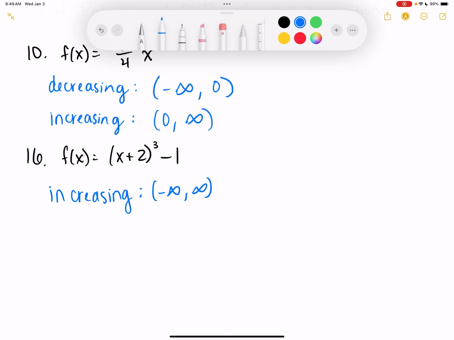So if we had f of x equals x squared minus 3, then it would be decreasing from negative infinity all the way down to here, which is going to be 0.